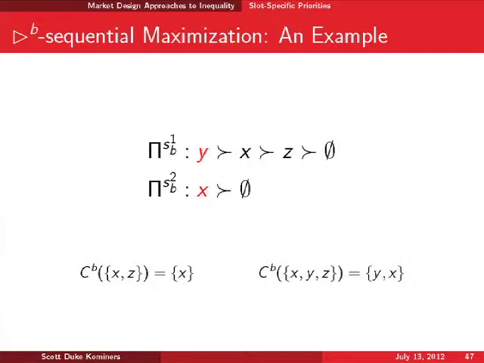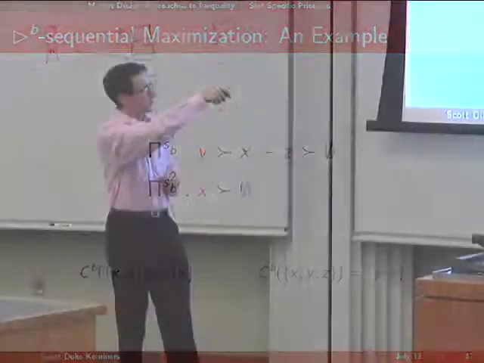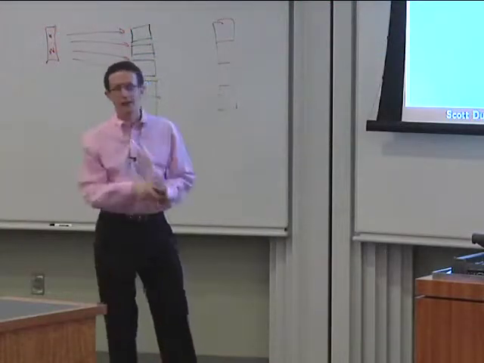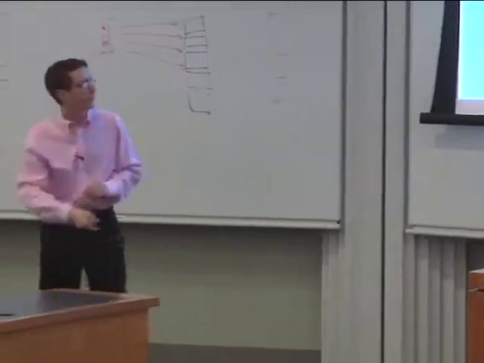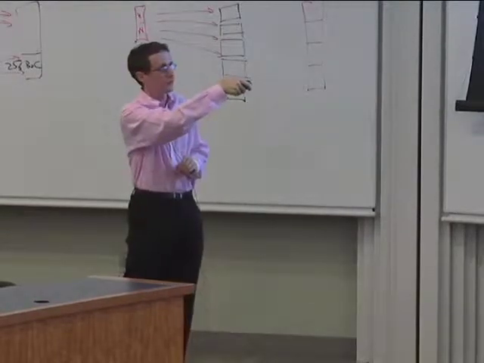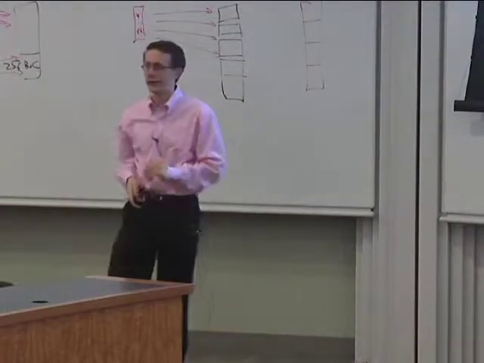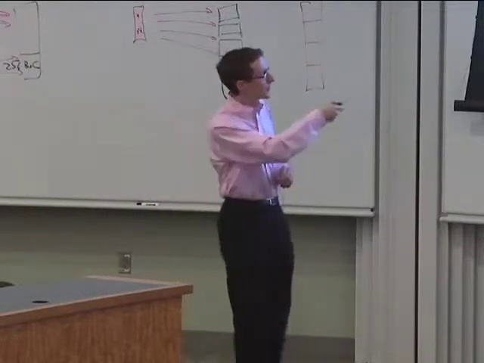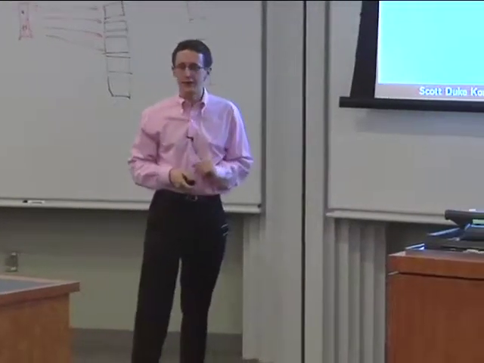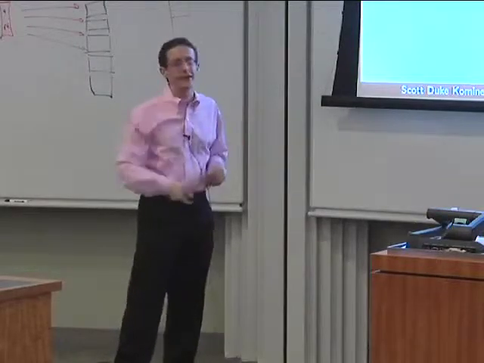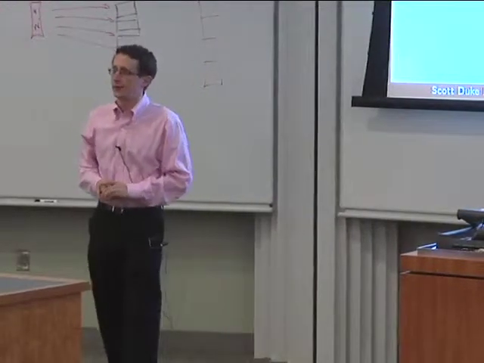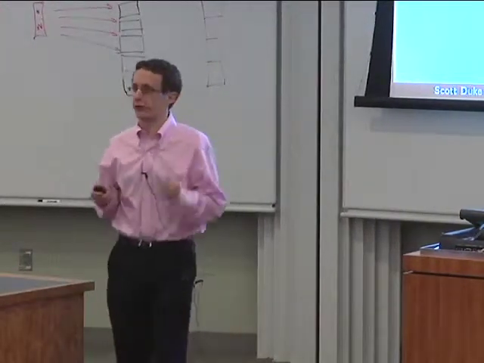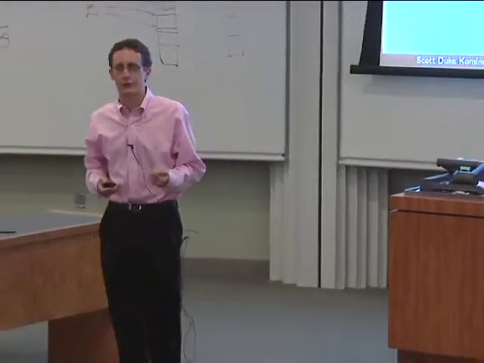So note that here, X and Z were both available. And in principle, you have two different slots which can hold X and only one that holds Z. But this tie-breaking, this precedence order, is imposing that you have to take X first. Here, as soon as slot 1 is satisfied without X, slot 2 gets to take it. So that's what this precedence order is doing. That's what choice on the branch side looks like.